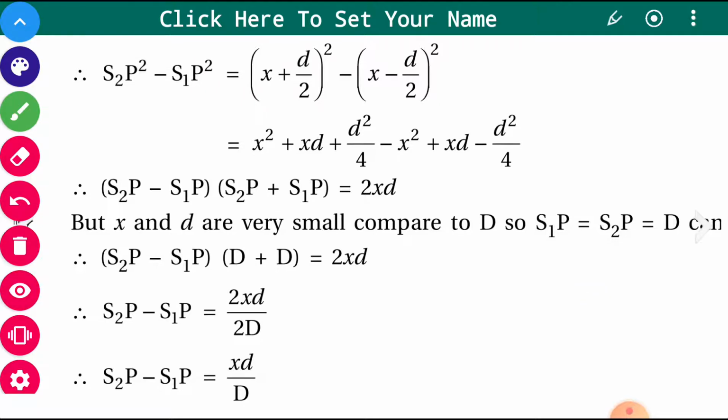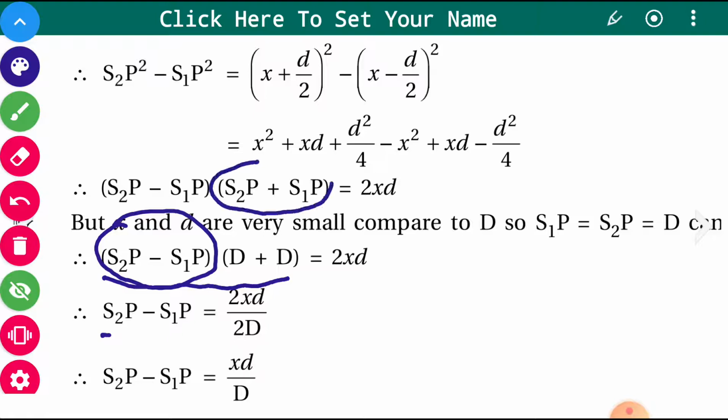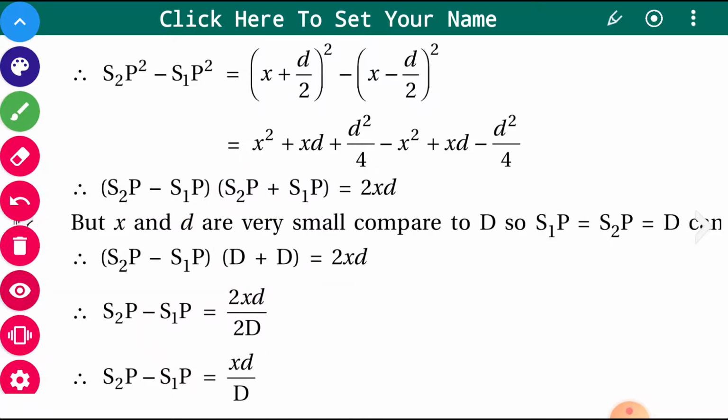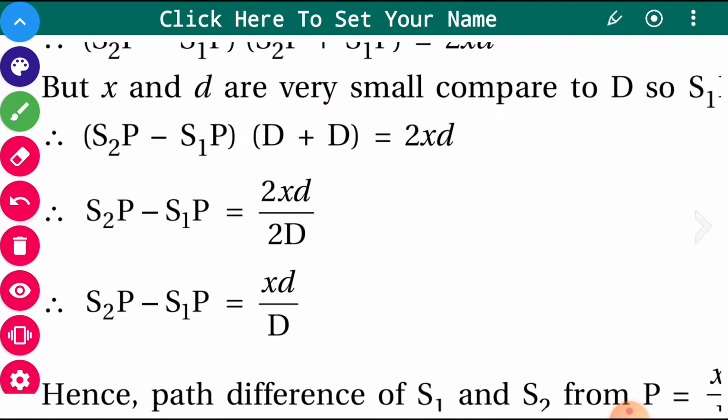So here, instead of these two, we can write D plus D. So it becomes 2D, and it will go in the denominator of 2xd. So we can say that S2p minus S1p, into bracket D plus D, is equal to 2xd, and S2p minus S1p is equal to 2xd upon 2D.